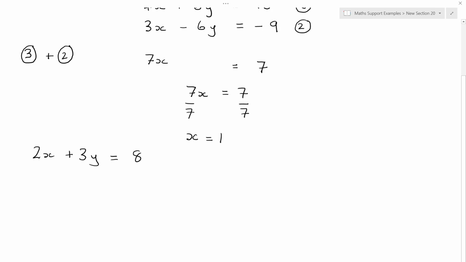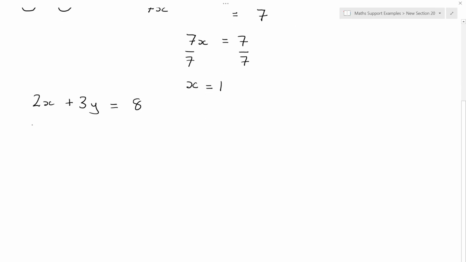Now I know x is equal to 1. So I have 2 lots of 1 plus 3y is equal to 8. 2 lots of 1 is 2. So I have 2 plus 3y is 8.